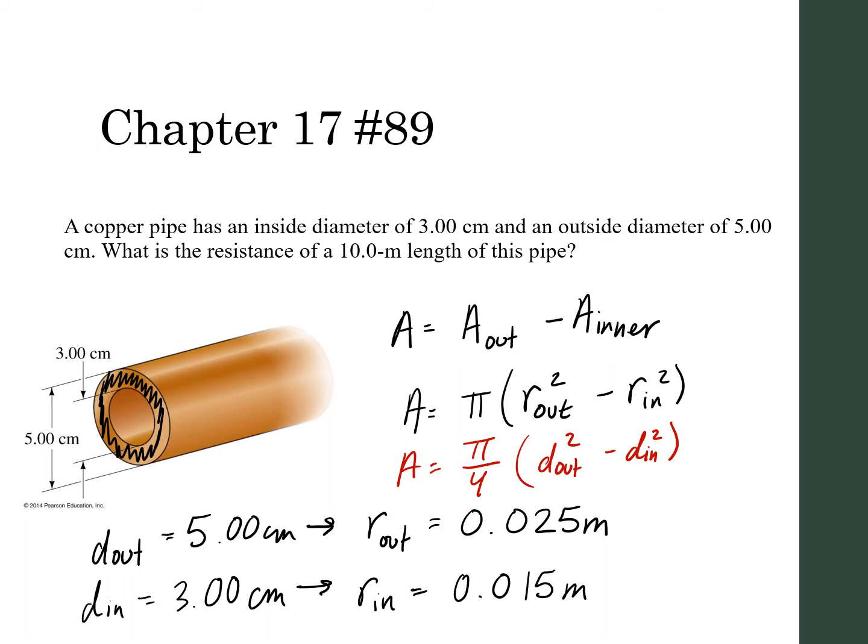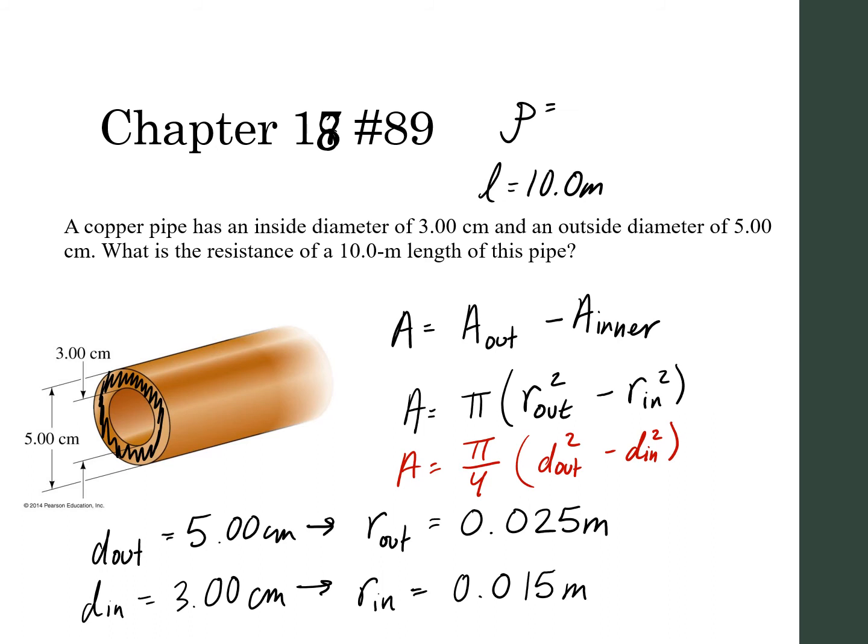So now we have everything related to the area figured out. We're explicitly given the length of the pipe. It's 10 meters. And if we look at table 18, I don't know why I put everything as chapter 17, we're in chapter 18.